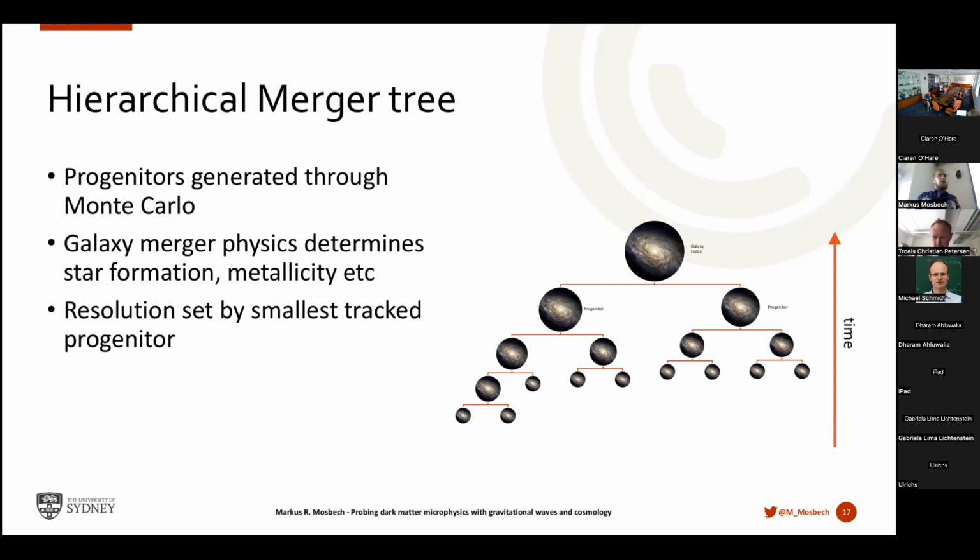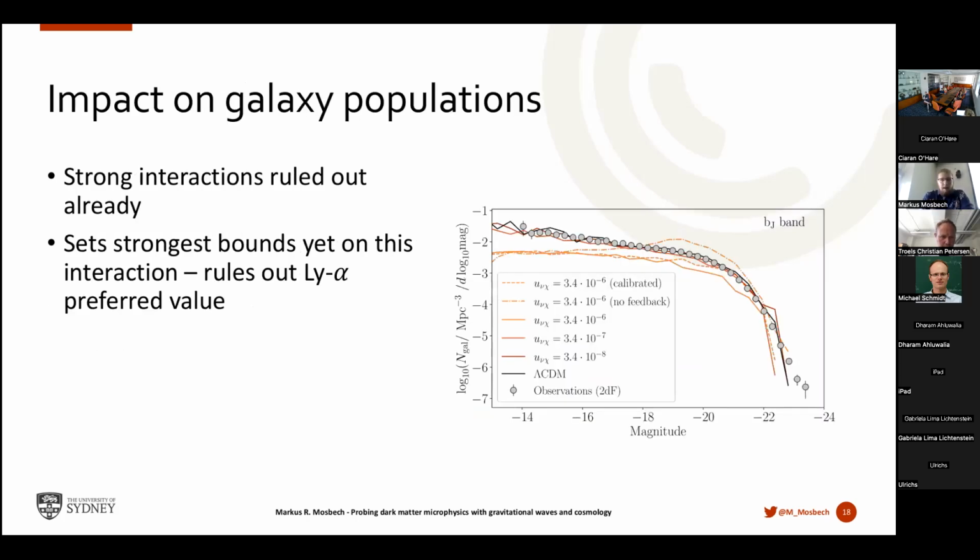So sure, you can change different parameters, but there's a limit to how meaningful it is to change them too much, because we do know these physical processes happen, and we have a good idea of how strong they are. So we can look at what's the effect on the galaxy populations of having our interaction.